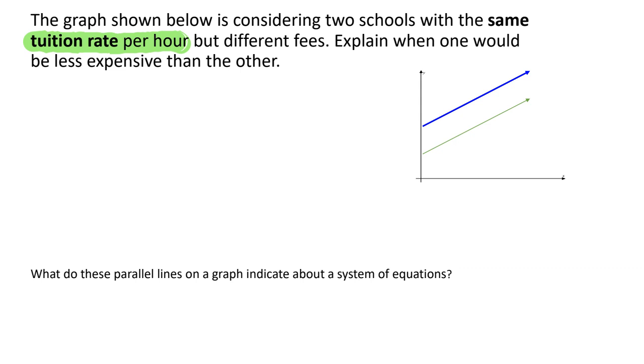Okay, well, what is this graph showing? They have the same tuition rates. Well, if you'll notice, the blue line and the one I highlighted in green are parallel lines. And notice, what do these parallel lines on the graph indicate? Well, that is how we're going to explain it.